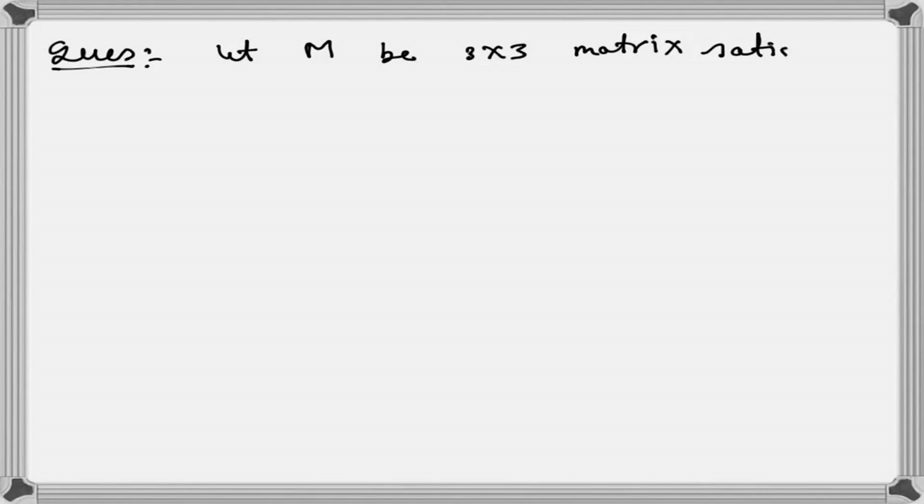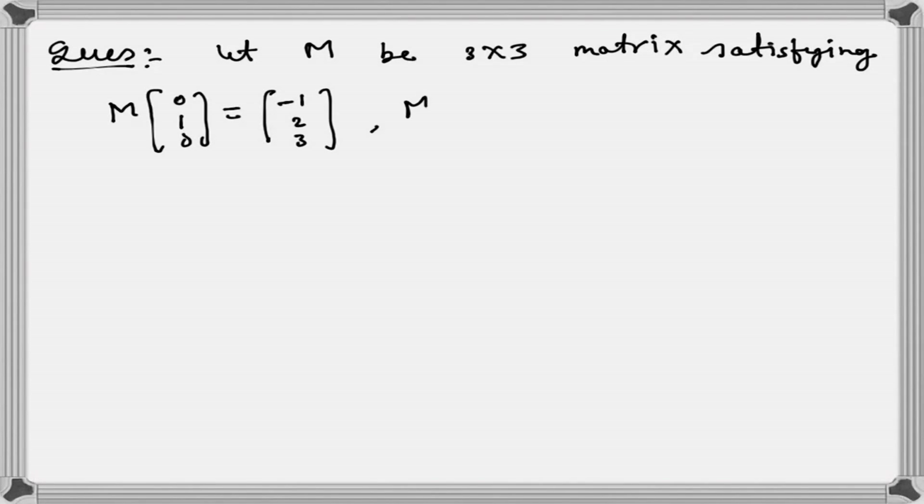So let's solve question number 1. Let M be a 3 cross 3 matrix satisfying M times (0, 1, 0) is equal to (minus 1, 2, 3), M times (1, minus 1, 0) equals (1, 1, minus 1).